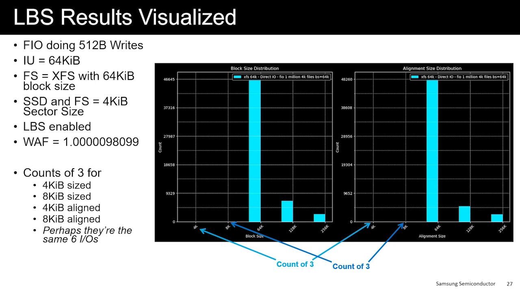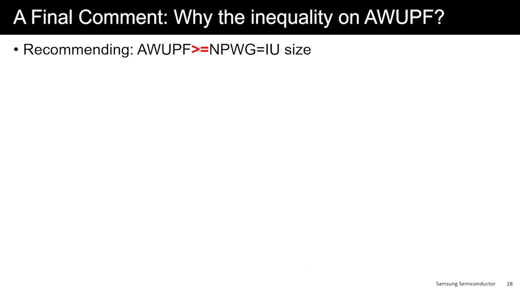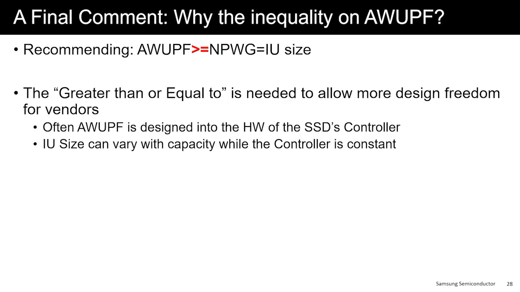But overall, they generally have aligned their interactions pretty well with the IU size based on the parameter AWUPF being greater than or equal to NPWG. So why am I continuing to bring up AWUPF greater than or equal to NPWG? I focus on that because it just ends up giving the vendors some more design freedom, right?